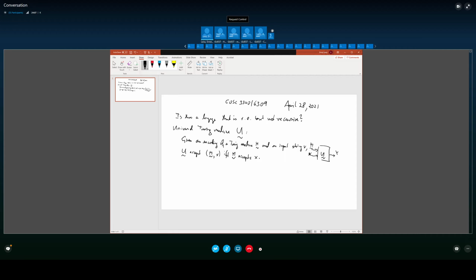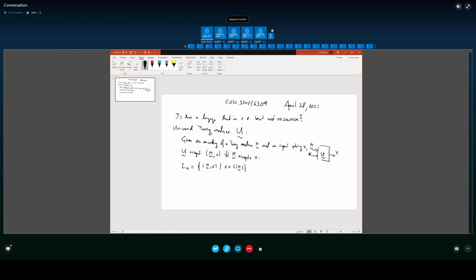So what we have then is the language LU, which is the set of all pairs M and X, such that X is in L of M. Keep in mind that this in no way makes any statement about what happens if X is not in L of M. That is precisely the issue that we're concerned with.